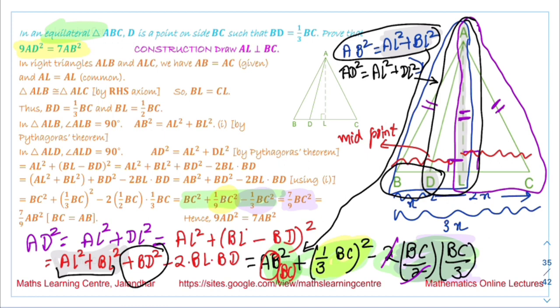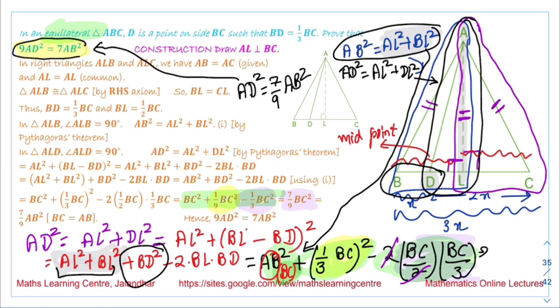So the final answer we get after solving this is AD square equal to 7 by 9 AB square, and this result gives us the final answer as 9 times AD square is equal to 7 times AB square.